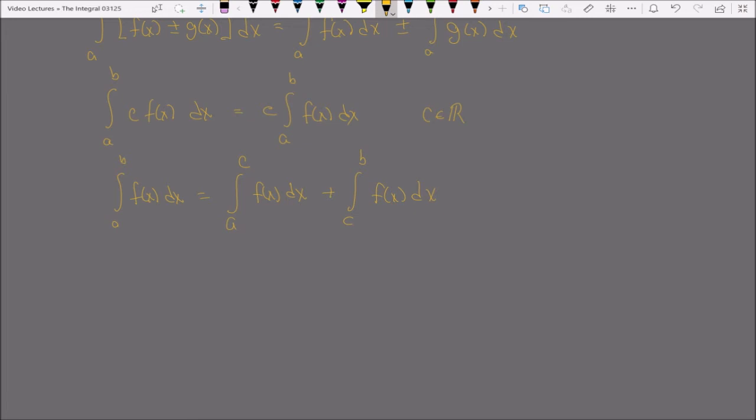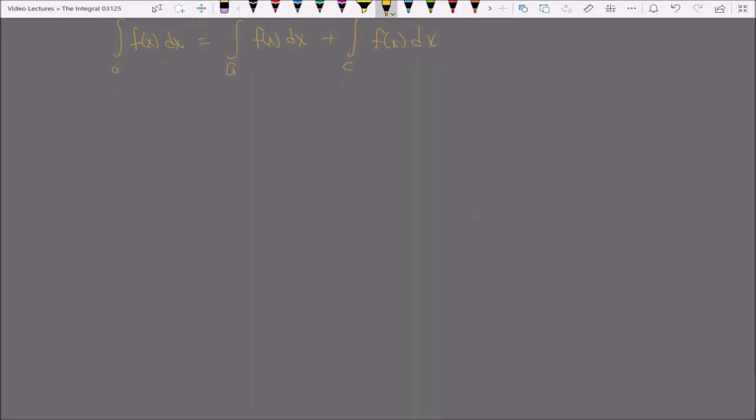And finally, we have some comparison theorems. So if f of x is greater than or equal to 0 over the interval a less than or equal to x less than or equal to b, then the integral from a to b of f of x dx is guaranteed to be greater than or equal to 0.